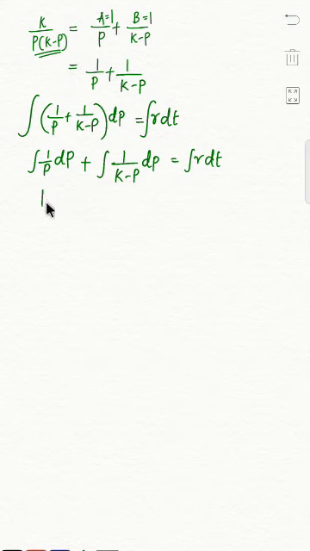So this one is nothing but ln|P| plus this is nothing but ln|K - P|, and it is not positive, it is negative, because there is a minus P here, as we know.